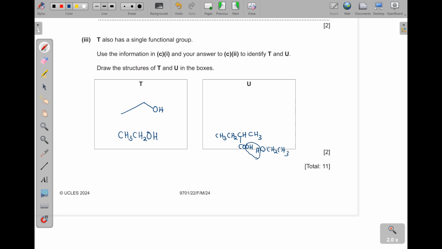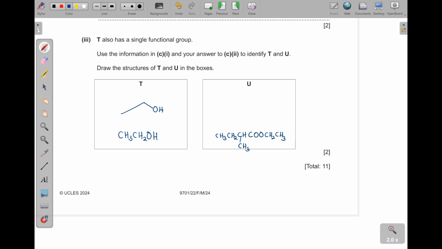So meaning I can even switch this. I put it here and then I take this one here. So I can have something like this. Let me change it a little. We can have it like this, then put the COO here, then the CH3, then I'll put the CH2, CH3.